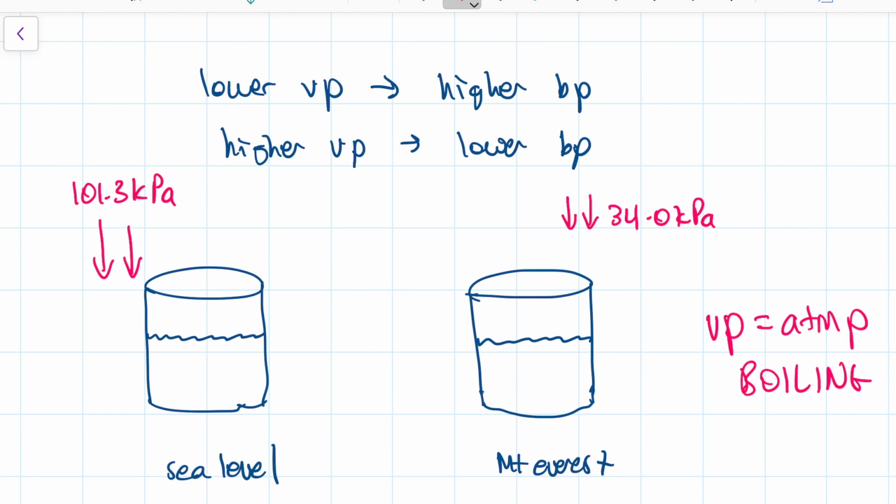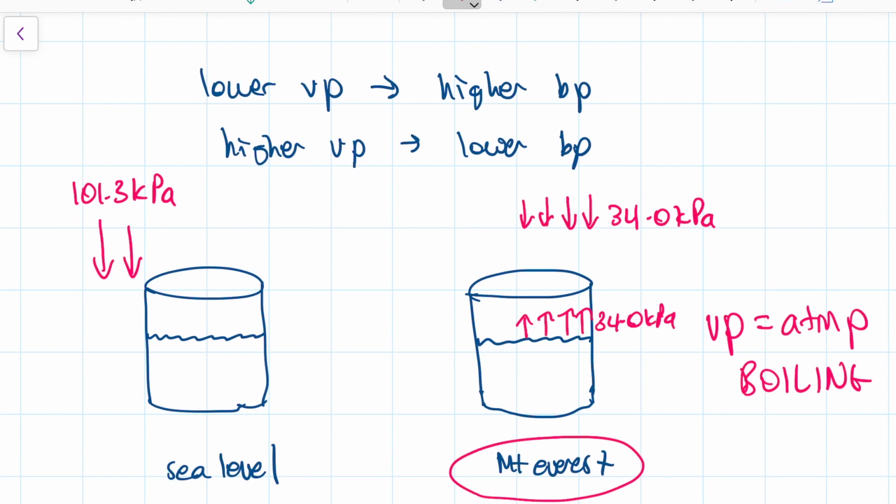Well, which one is closest to getting there already? Well, the one up on Mount Everest. We're only going to have to add a very little bit of heat to this to get its vapor pressure to become 34.0 kilopascals. And when we can add enough heat to make the vapor pressure equal to the atmospheric pressure, we're going to have boiling. And this is the crazy thing, folks. On Mount Everest, water will boil at 70 degrees Celsius.